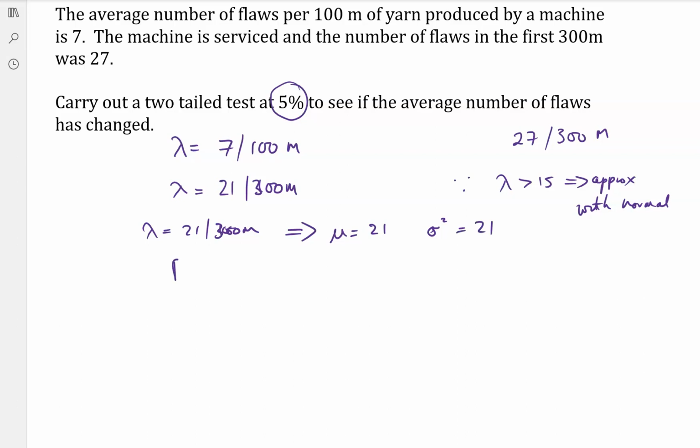And so we can say that our faults can be modeled by a normal distribution, mu is equal to 21, and sigma squared is going to equal 21 as well. Our variance is going to be 21. Now they're asking you to test at a significance level that's at 5%.